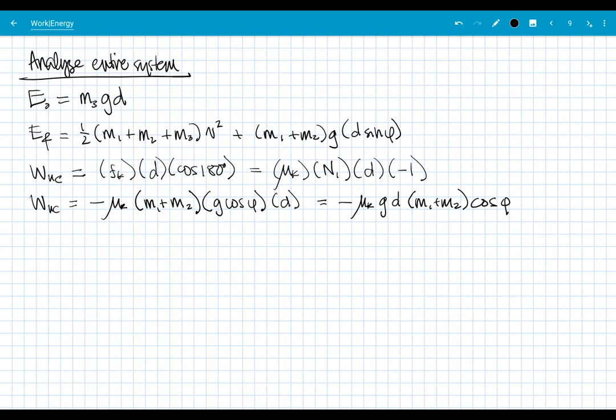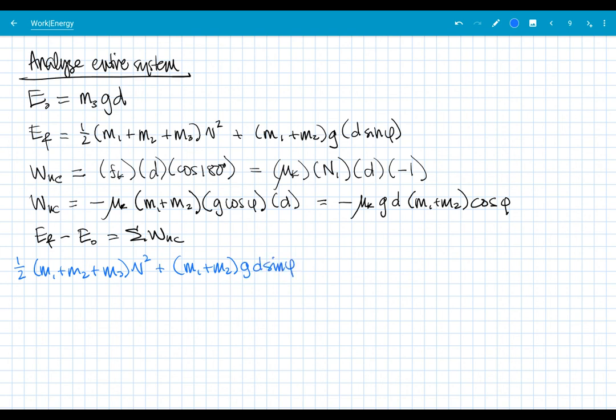Okay, so now I can write out my final expression here, which is of course E final minus E initial equals the sum of the non-conservative works. So let's do that. I have my 1/2, sum of my three masses, speed squared, plus (M1 plus M2) g d sine phi, minus energy initial, which is M3 g d, is equal to the non-conservative works.